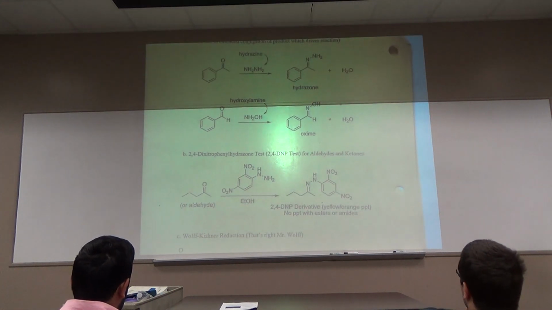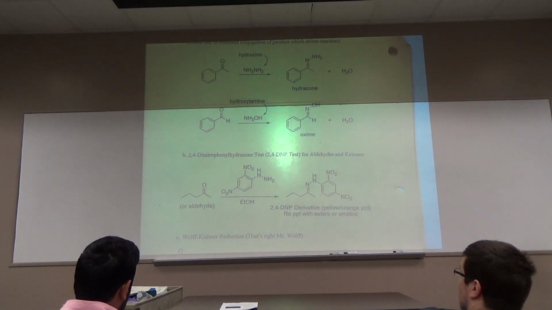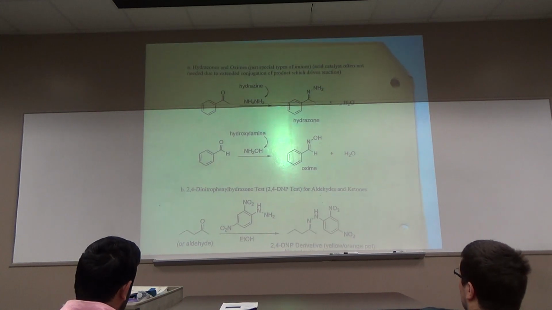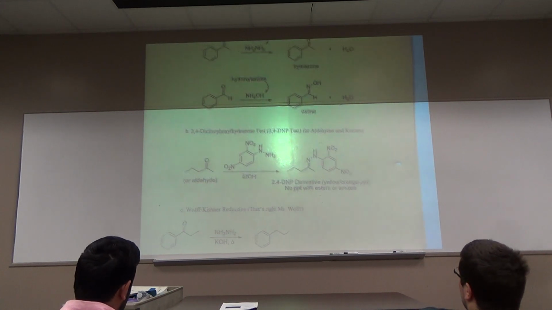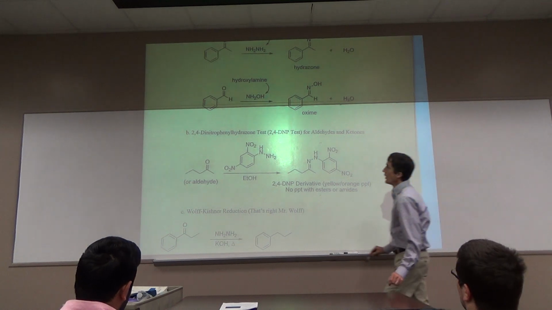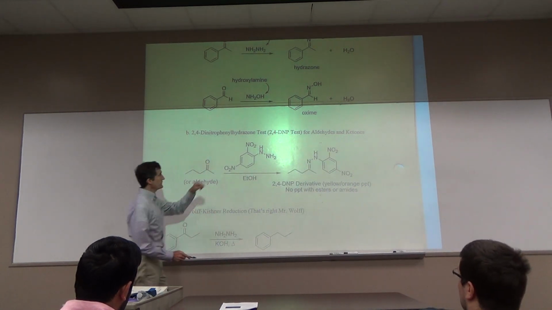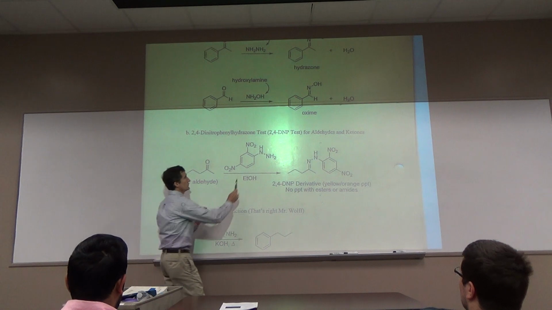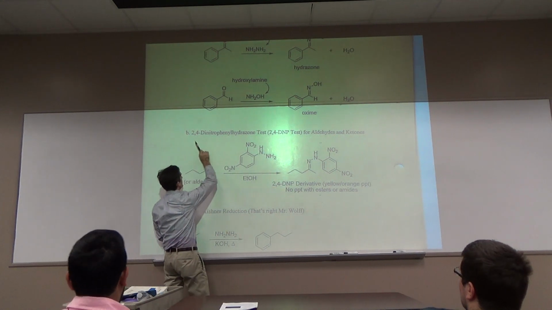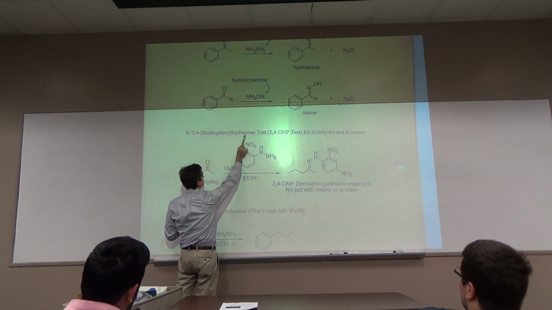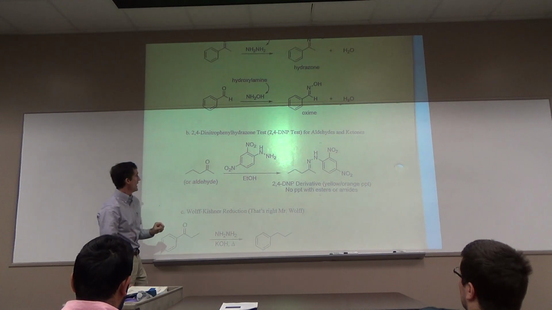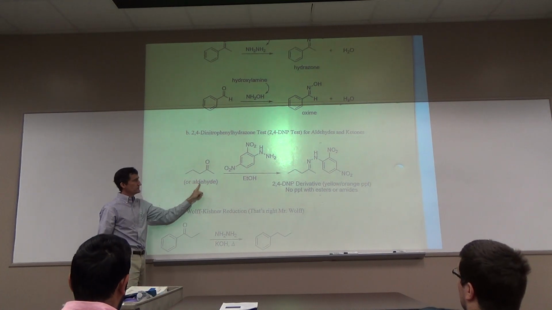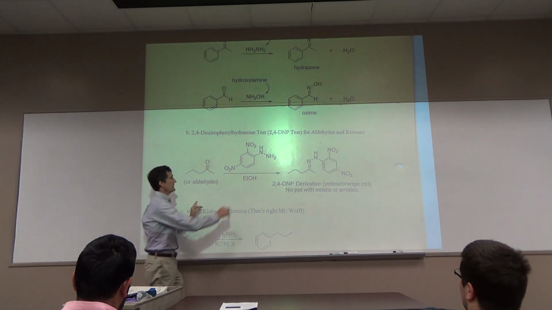Okay, we will see imines in the next couple of reactions. We'll actually see hydrazones. Here we have a new chemical test: the 2,4-DNP test. It stands for dinitrophenylhydrazine test, for an aldehyde or ketone. You react an aldehyde or ketone with this reagent here.